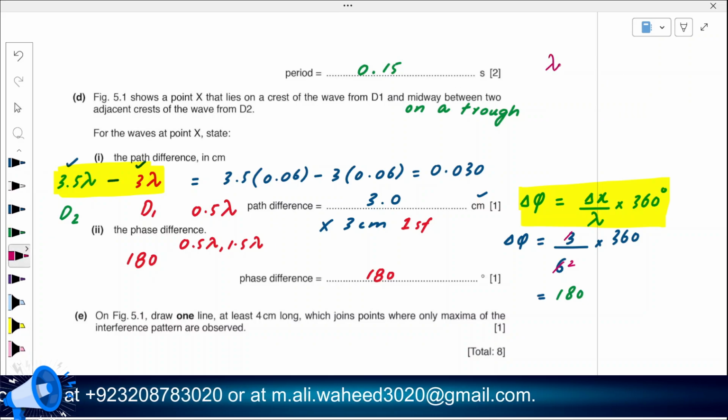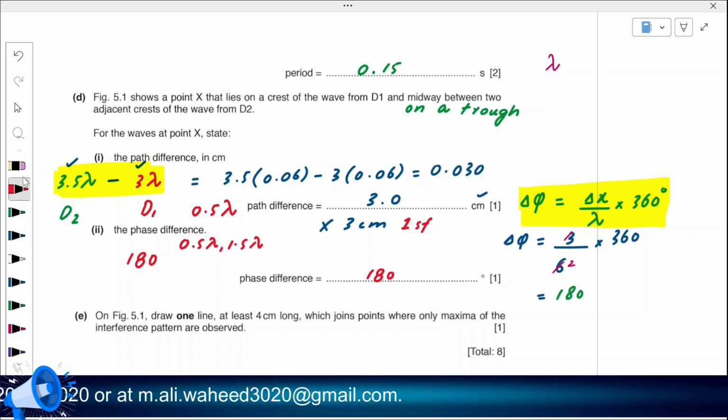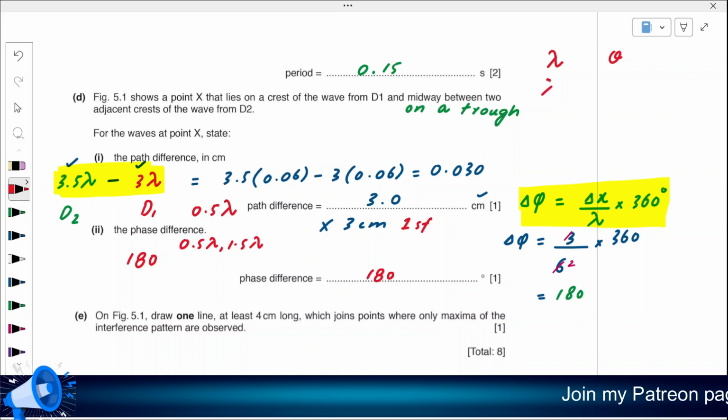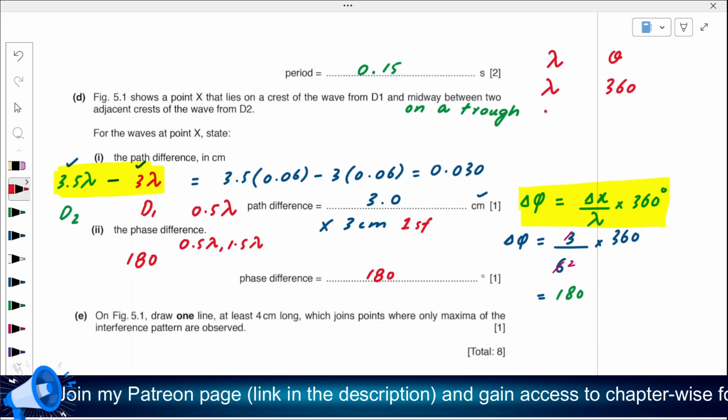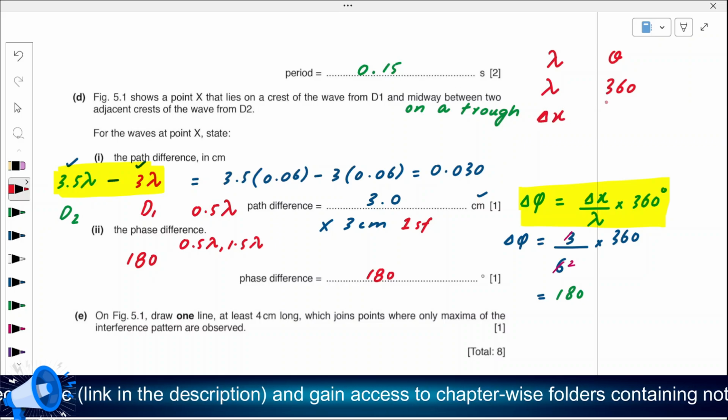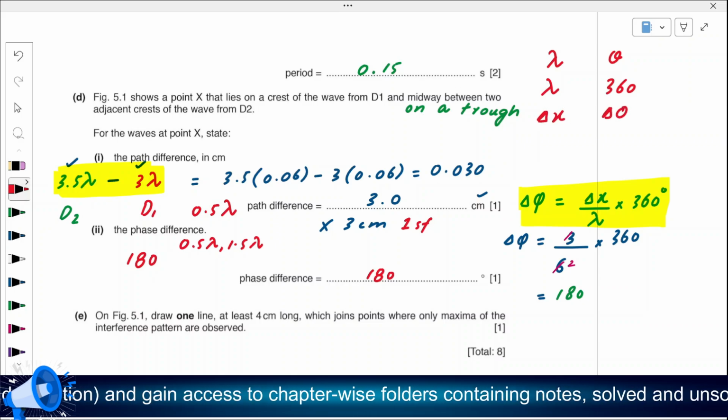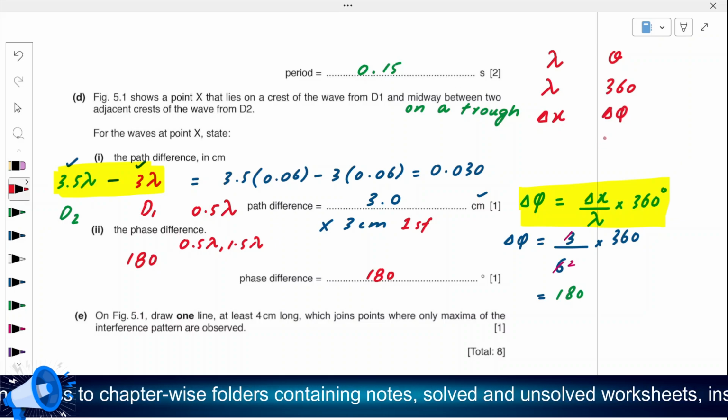So what you can do is, let's say wavelength here and angle here. For a wavelength of 1 lambda, the angle was 360, and for a distance of delta x, the phase difference would be delta phi.